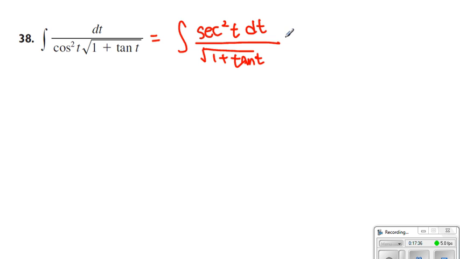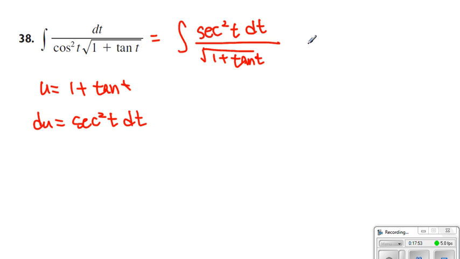Then this becomes somewhat nice, because if you said u is equal to 1 plus tangent t, then du is equal to, that's right, secant squared t dt. Then this can be rewritten as 1 over square root of u du.